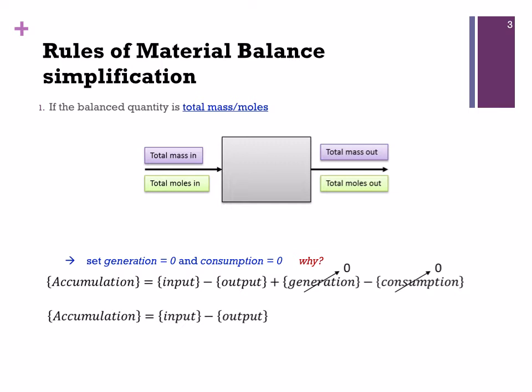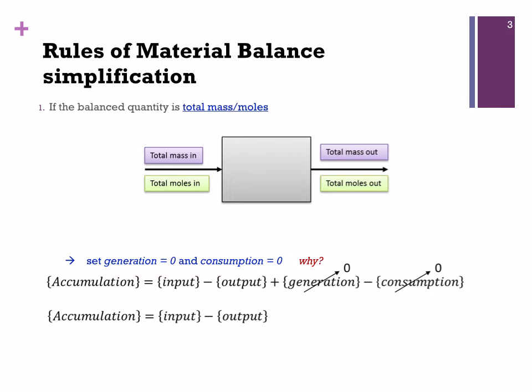So in this simplification for total mass and total mole, these two apply what we call conservation of mass, which means whatever mass is coming in will always be the total mass that comes out, because mass cannot be generated or destroyed.